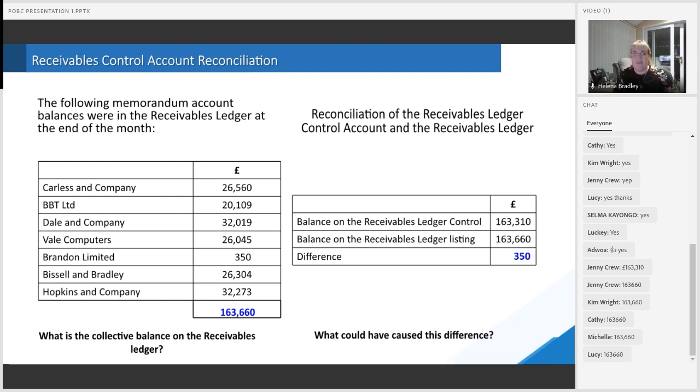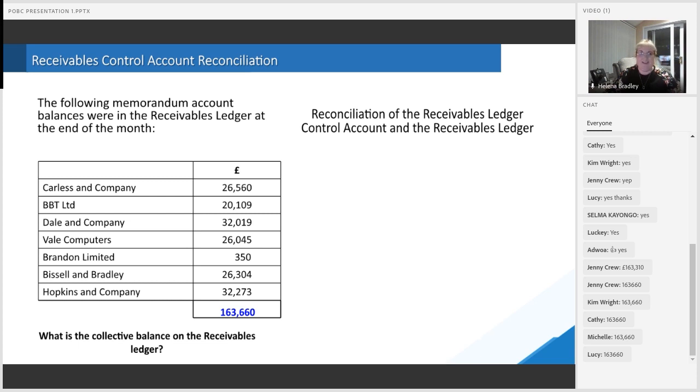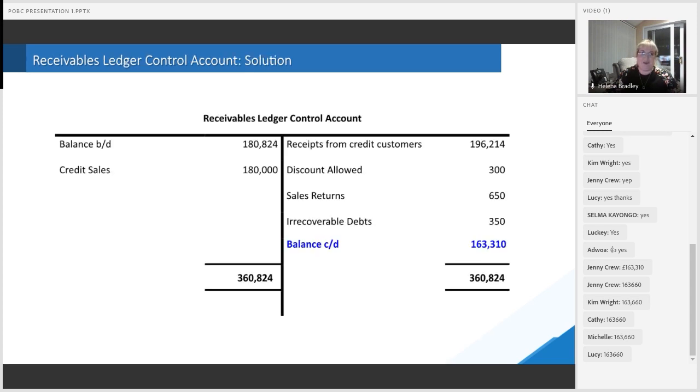Well, it could be. And if that was the case, then the receivables ledger control account would increase and my difference would disappear. Guys, I'm just going to flick back a slide now. So apologies about flicking through backwards and forwards, but I just want to bring your attention to that irrecoverable debt. That's also for the amount of £350. So it could be that.